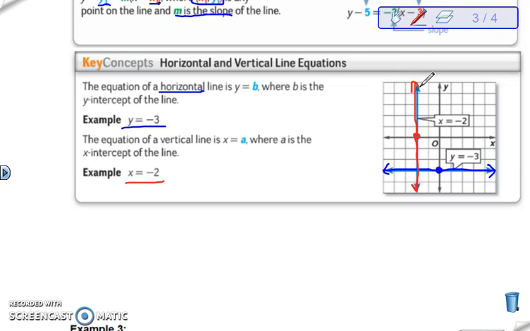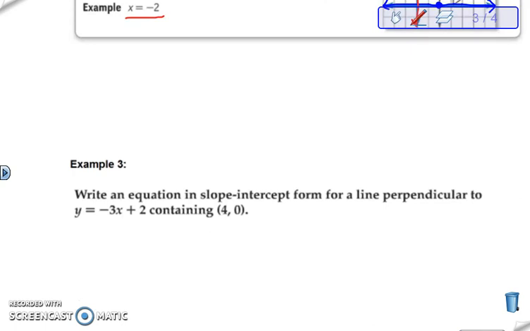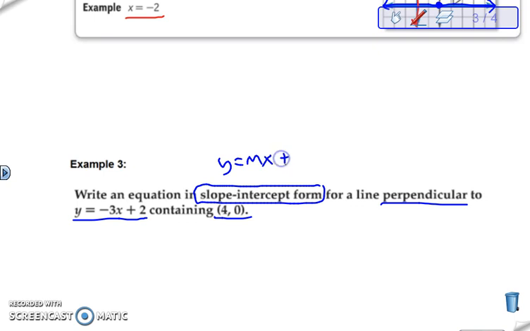Alright, so how are we going to use this? Well, what they're going to do is give us some information and ask for a formula. So we need a line that's perpendicular to -3x plus 2, and it has to hit the point 4, 0. They want the line in slope-intercept form, so that's again going to be our y equals mx plus b.